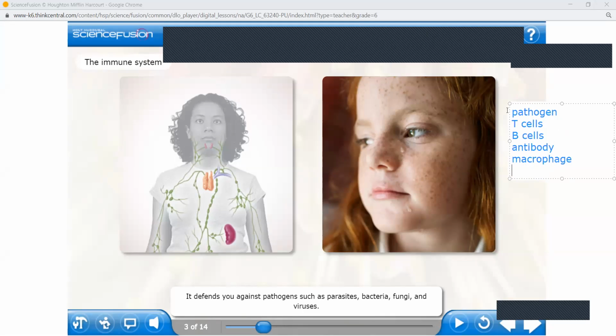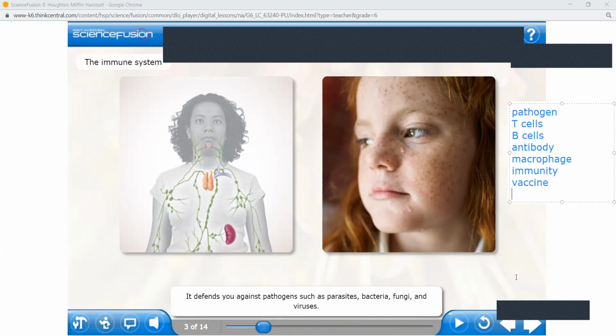Which page? 101. Please can you just say the page number? Immunity, okay, and then vaccine, page 101.